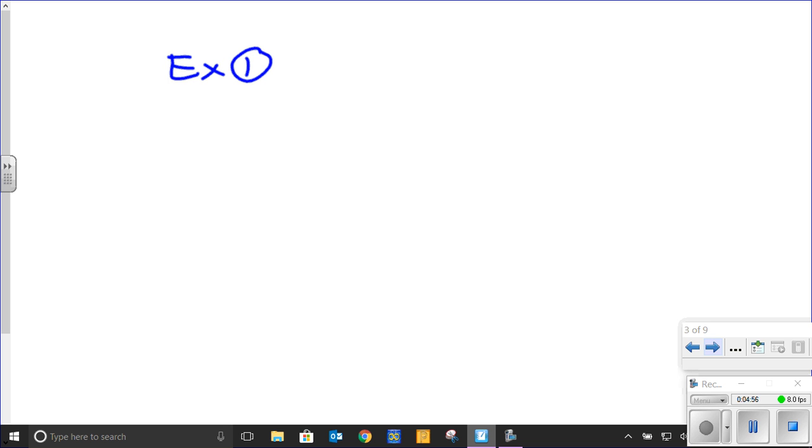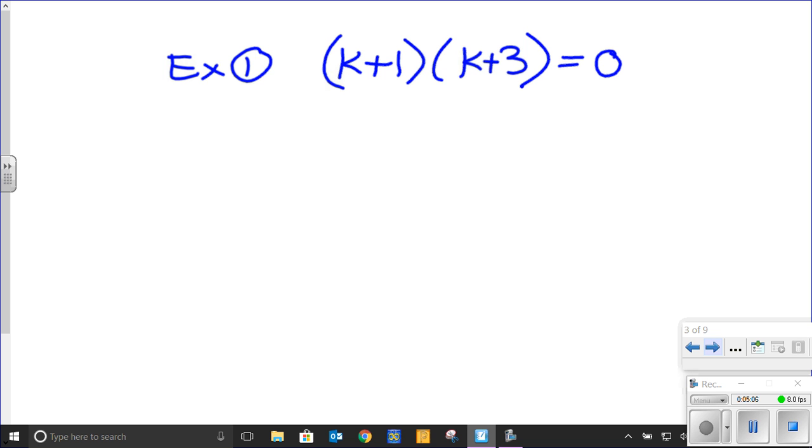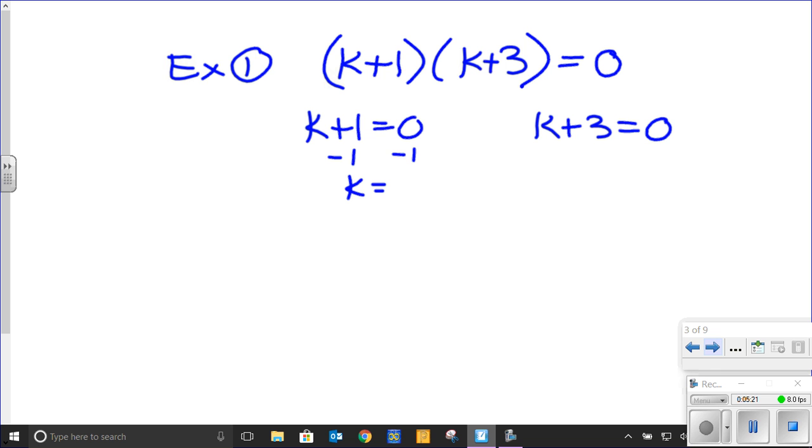We might have 2 factors that look like this, k plus 1 and k plus 3. Again, we're going to set them both equal to 0 because we're saying it equals 0. So I'm literally going to do k plus 1 equals 0, and I'm also going to do k plus 3 equals 0. And then I'm just solving for k, just algebra. Minus 1, k equals -1.